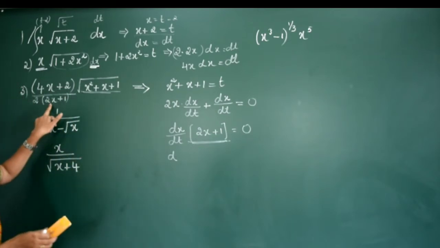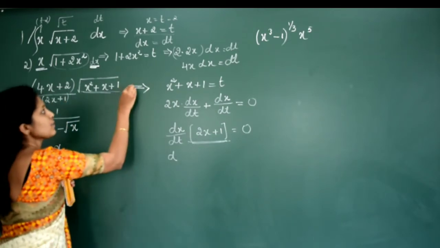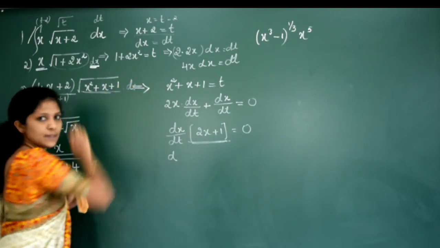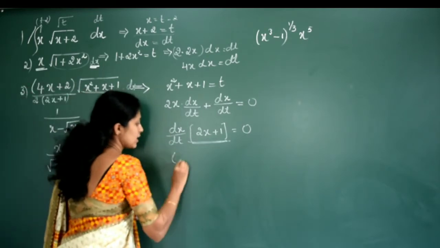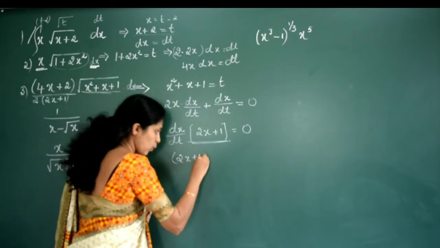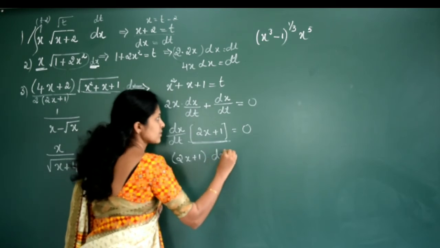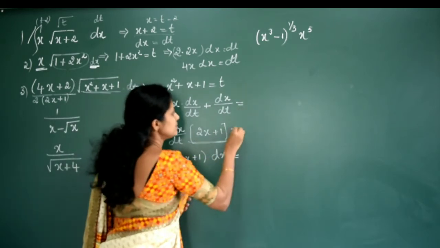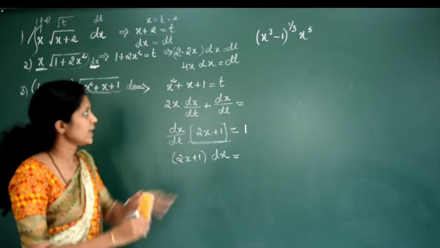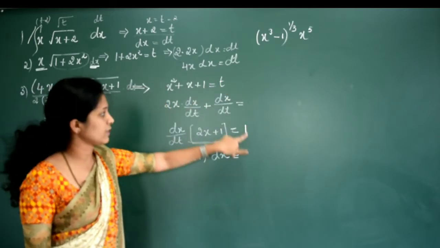So what can we write? 2x plus 1 into dx will be there. What is the derivative of t with respect to t? It will be equal to 1.